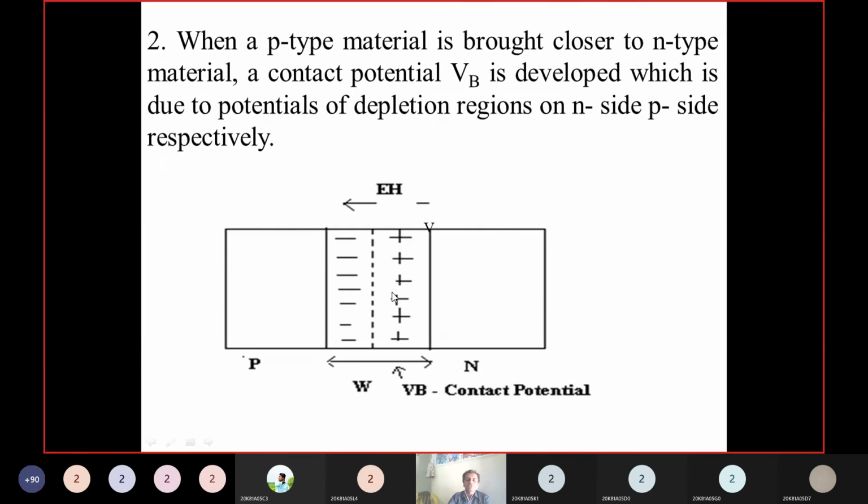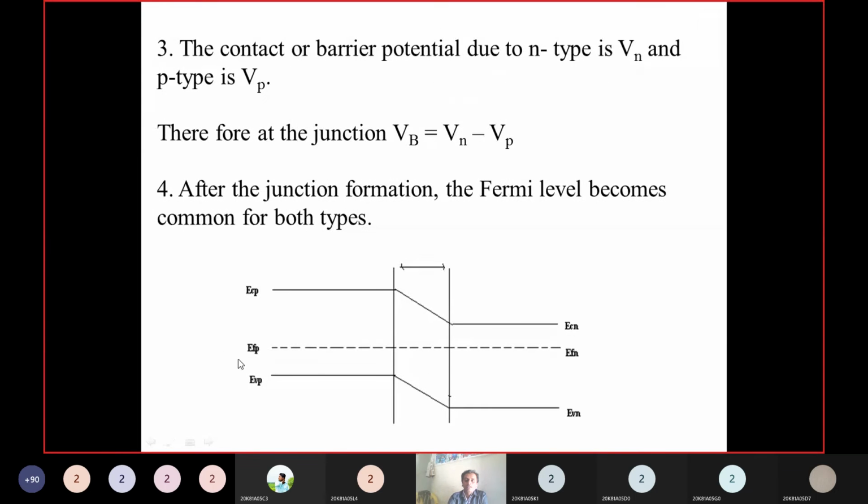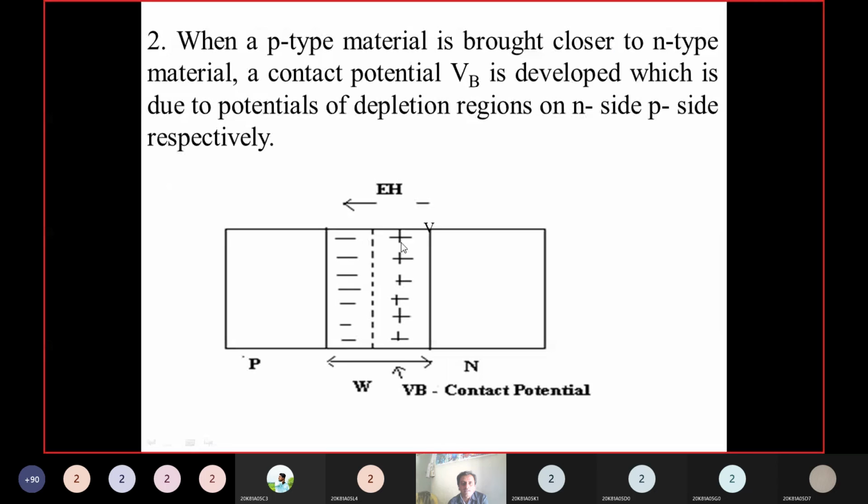Now, the potential due to n-type is Vn and due to p-type is Vp. Due to the n-type charge carriers, some potential will be developed, that is Vn.